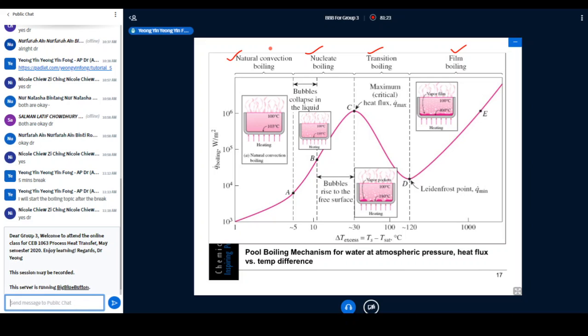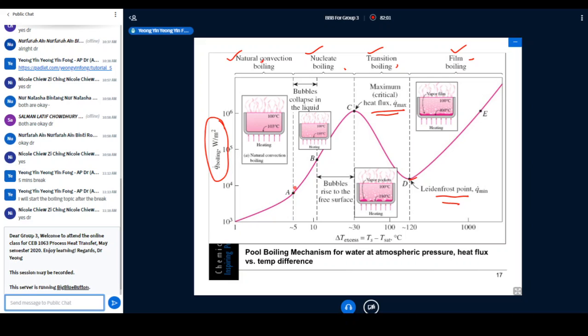You can see the heat flux, y-axis, started to increase and reach a maximum, which we call the critical heat flux, and then slowly reduce. At the Leidenfrost point, Q min, when it has reached the lowest point, it increases back under film boiling. So you can see natural, nucleate, transition and film boiling.